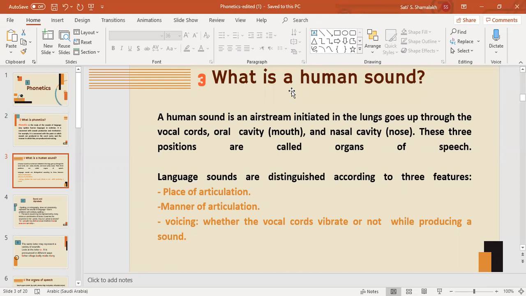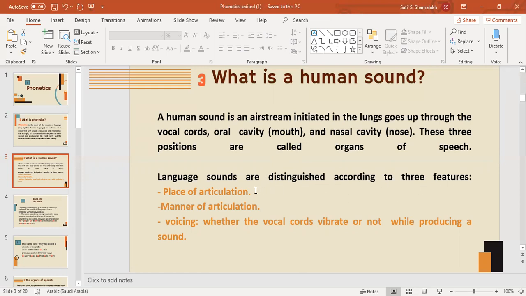Okay, when we speak, the air starts from our lungs, goes up through the vocal cords, and then to go out, it passes either through the mouth or through the nose. Oral cavity and nasal cavity.